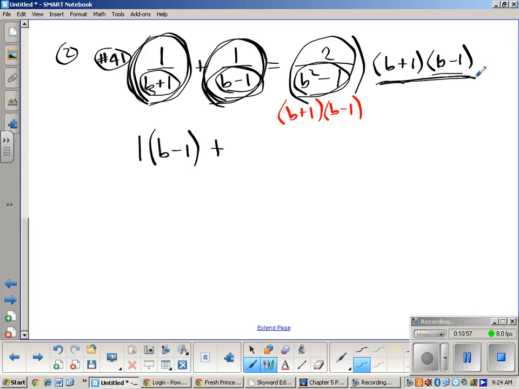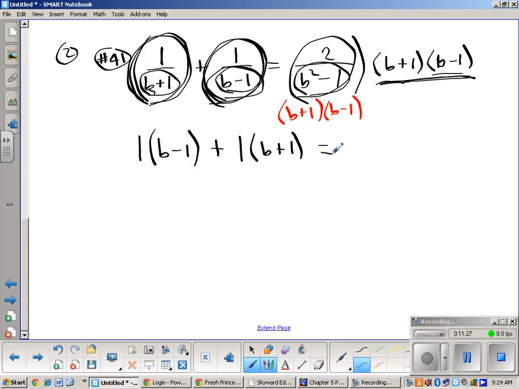It cancels, leaving me with 1 times b plus 1. Now I know that you know that 1 times a number just is that number. But that number isn't always 1 in the homework. So I want to make sure you understand whatever that number is, you have to multiply it by this. And sometimes that number is 2 terms. Okay? You'd have to FOIL it. In this case, it's just simple number 1, makes it easier.